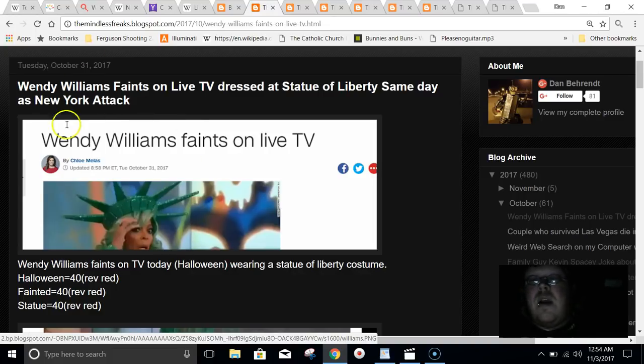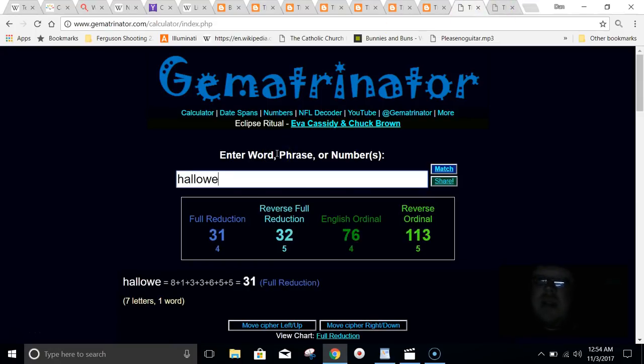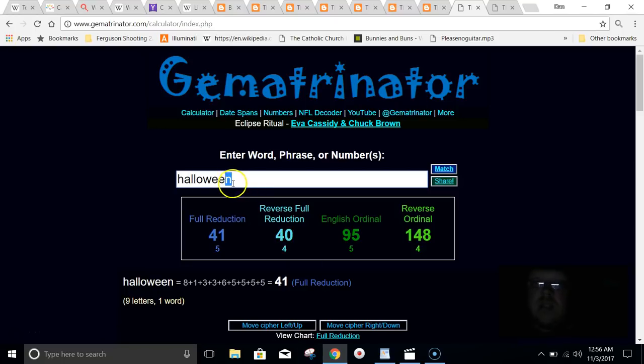But anyway, the reason that we got this story about Wendy Williams on Halloween and fainting is because Halloween in gematria, we'll just pull it up here, Halloween equals 40 in reverse gematria. Also, if you read out statue equals 40, that was her costume. And even if you just read out fainted, it equals 40 in gematria.